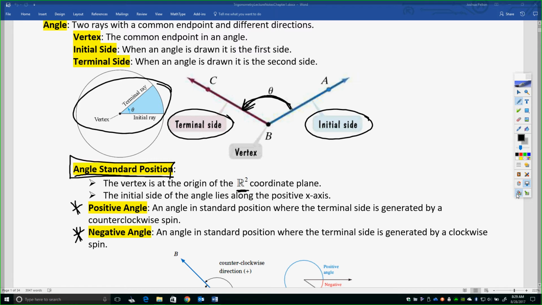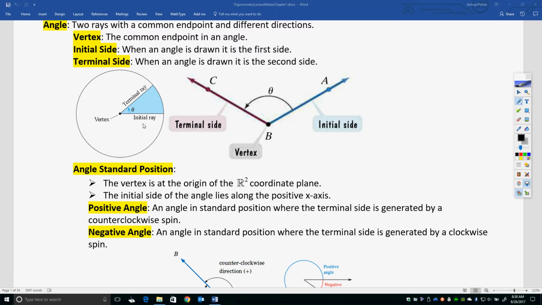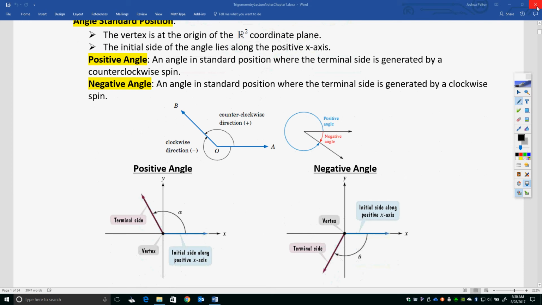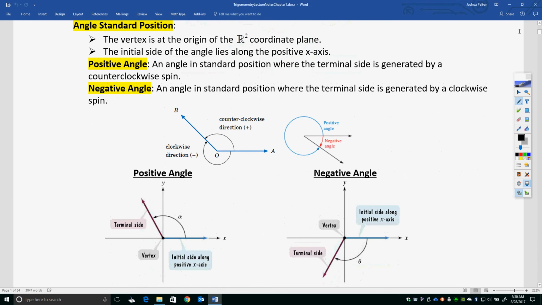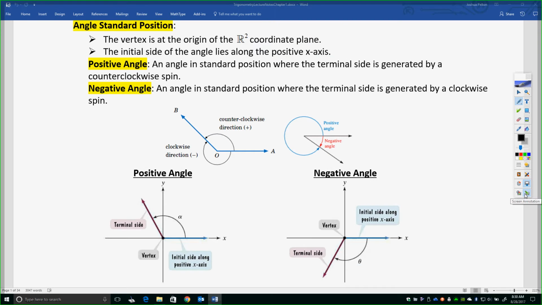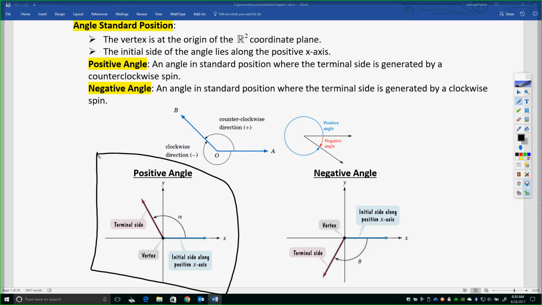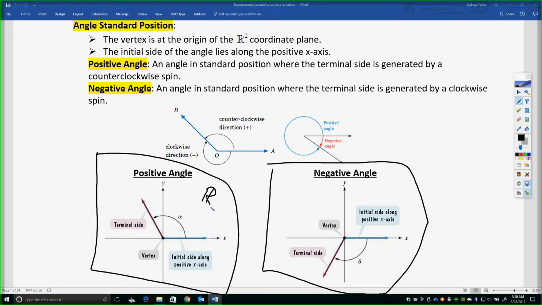So let's scroll down a little bit here. I have two angles drawn down here in standard position, a positive angle and a negative angle. Which basically means they're both drawn in R2 because they both have an X and a Y axis for two dimensions.